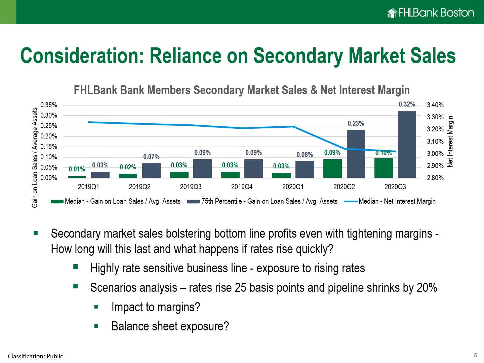The chart I'm showing on this page is looking at net interest margin as shown by the blue line, as well as gains on sale from secondary market activity as shown by the green and blue bars. As you can see, when you look at both median and 75th percentile, gains on sale are remarkably high, and especially when you compare it to the prior year.